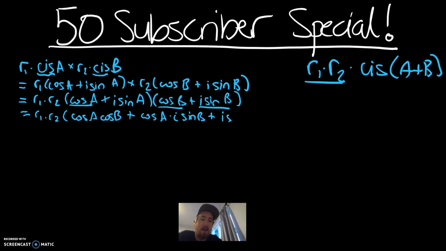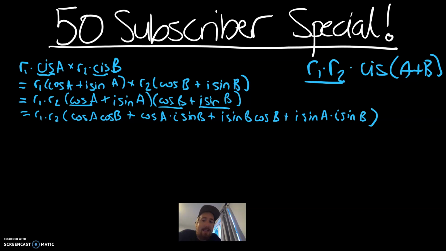So that's i sine A cosine B, and then finally i sine A times i sine B. There we are. So that's a big long mess, isn't it?